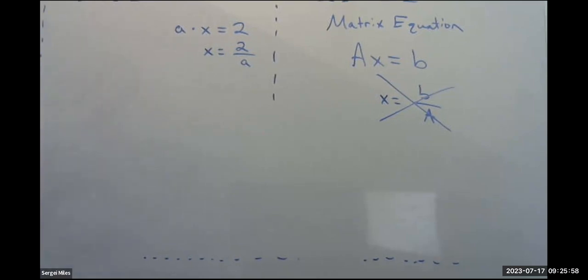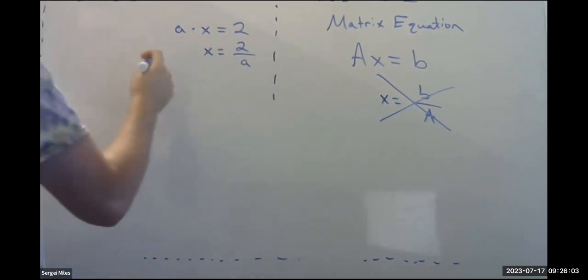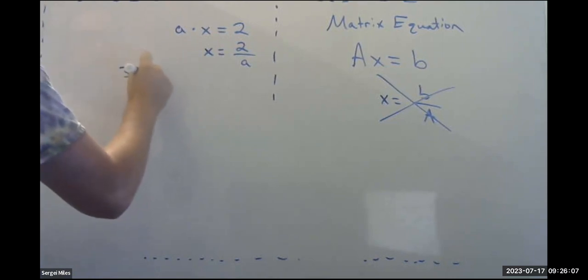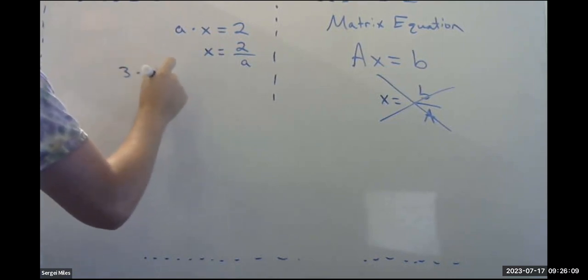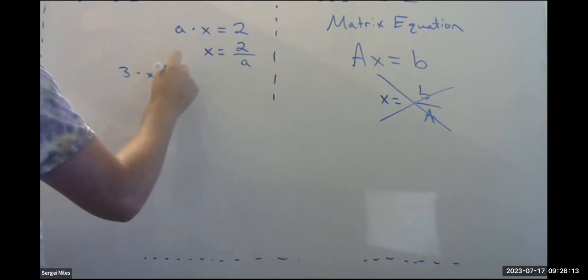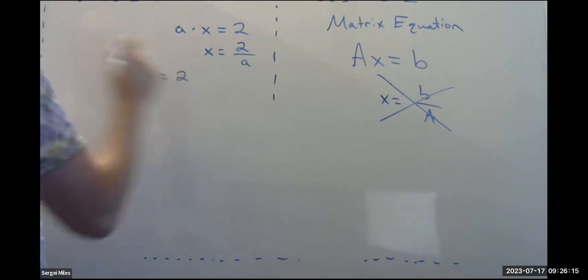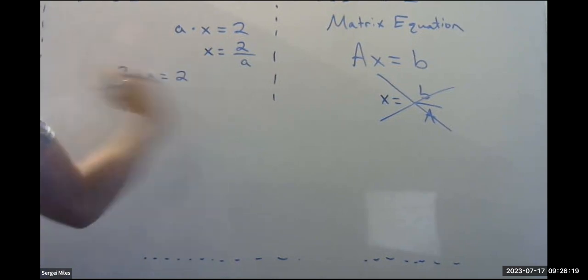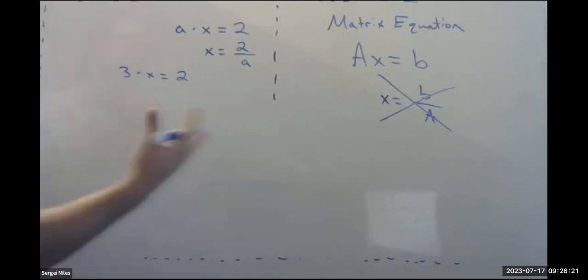Well, let's back up to regular algebra again, just algebra with real numbers. If I have 3 times x equals, let's say 2. We don't need to make it complicated, right? We know I can just divide 3 over, right? And that would work.